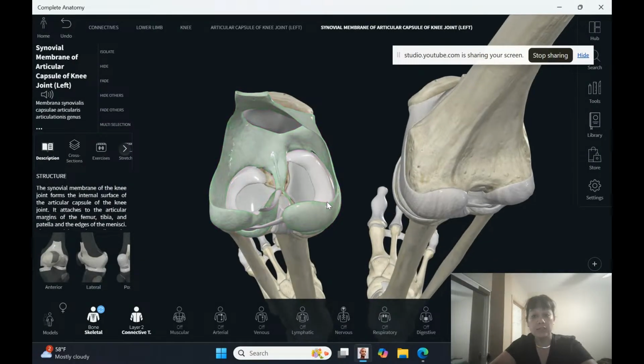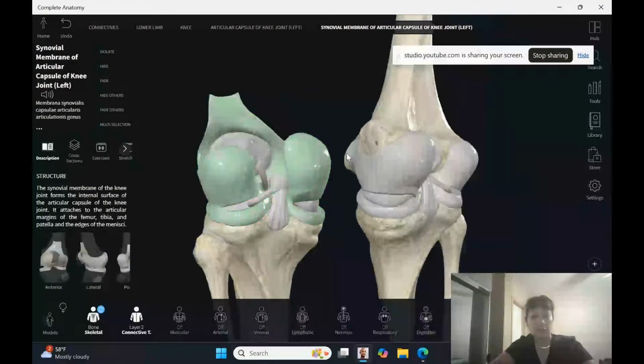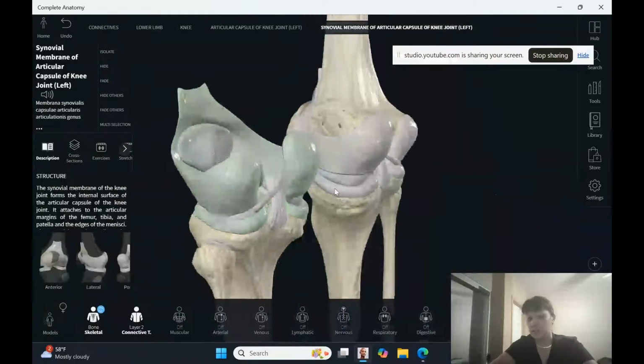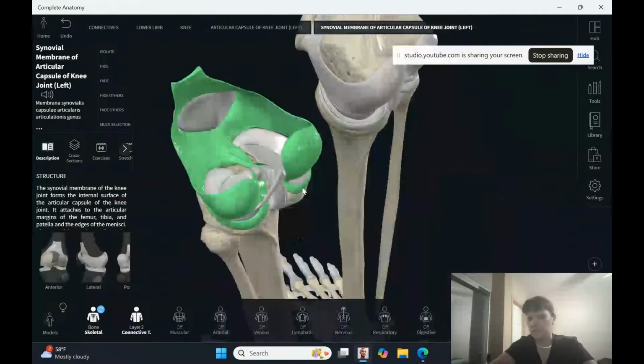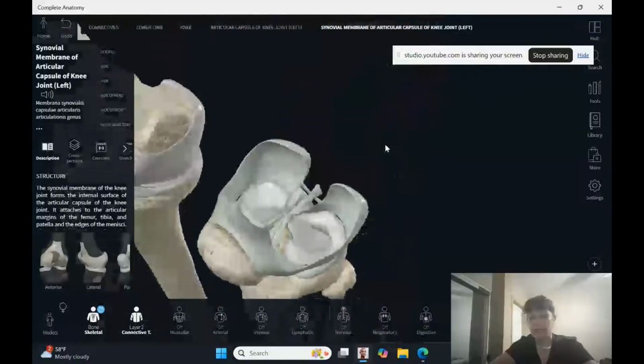People get protein-rich plasma injections, PRP, I think it is. So it's basically your white blood cells and the stem cells in there that make the fibroblasts.